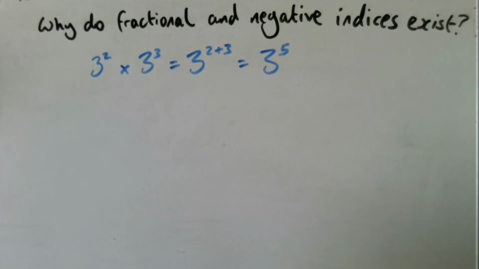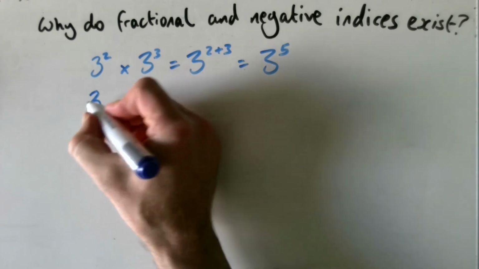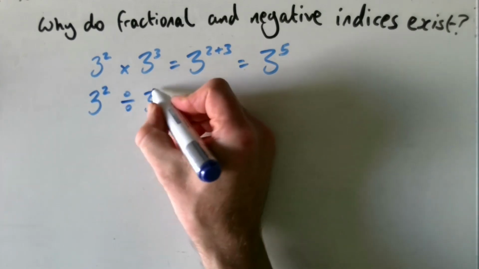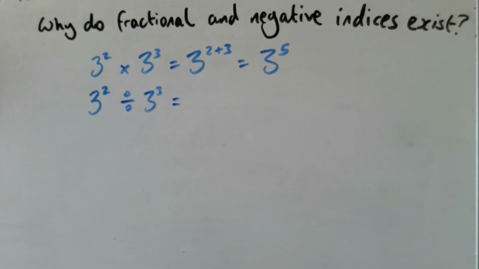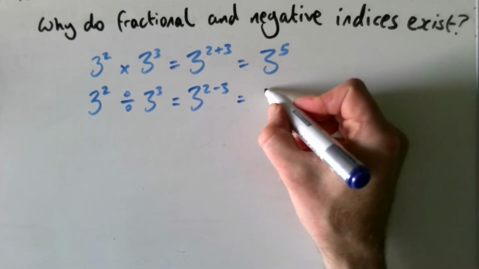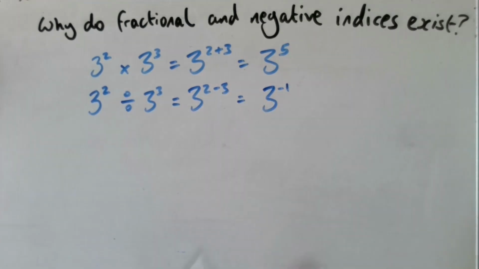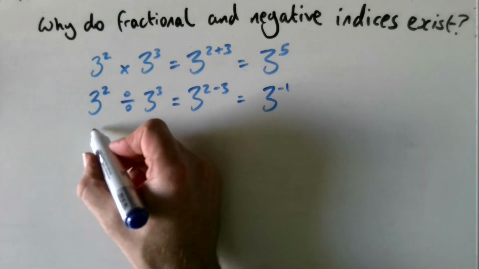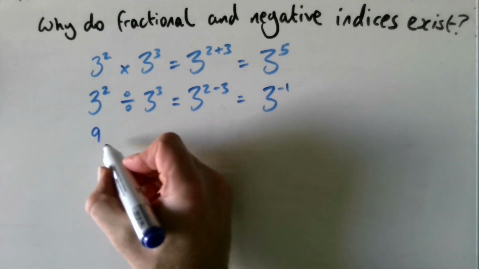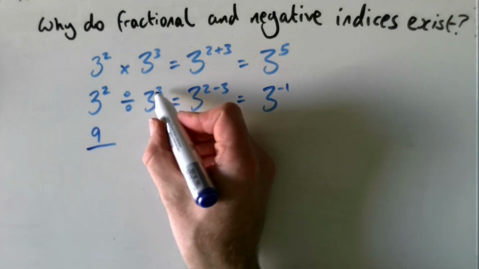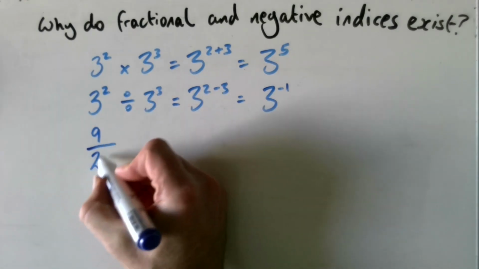Now, if we reverse the process and we divide, we take the powers. If the power you're dividing by is bigger than the other one, because 2 take 3 is minus 1, we would get 3 to the power negative 1. Now, if I look at these numbers, it's actually 9 divided by, which I'd write as a fraction, 3 to the power 3 is 27.